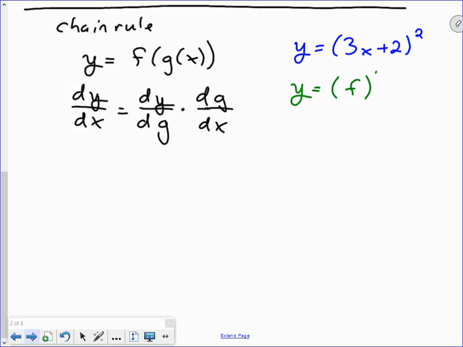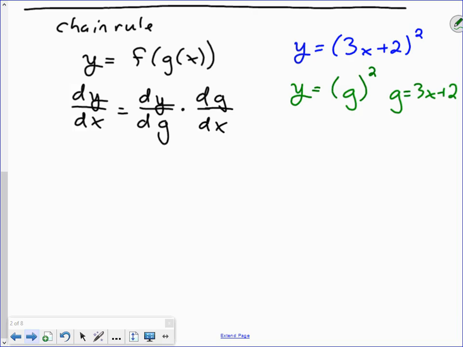We use g as our inner function. So let's think of this as y equals g squared, where g is 3x plus 2, right? So g is our function of x, and y is a function of g.